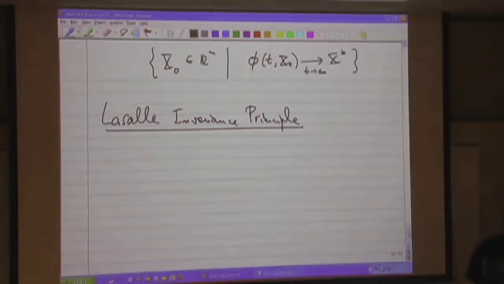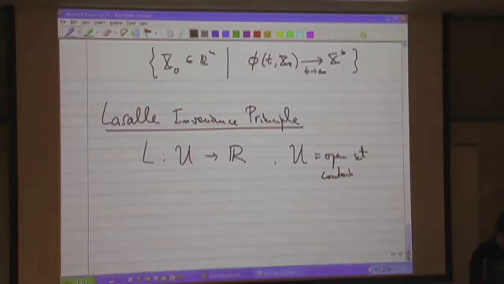It basically says that if I have a Lyapunov function, and I don't know why they changed the letter, defined on an open set containing the equilibrium point. So it's always the same.